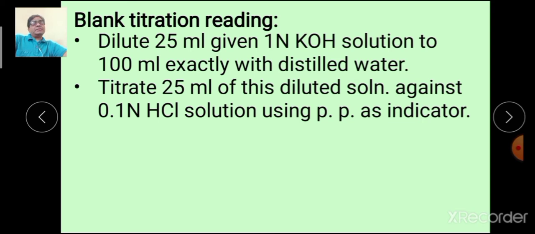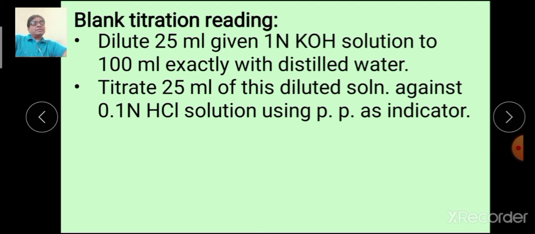This is the blank titration, because here the sample is not reacted with the alkali, while in the back titration the sample is first reacted with the alkali and it is then titrated, and therefore it is known as a back titration, whereas this titration is known as a blank titration. There is no sample.